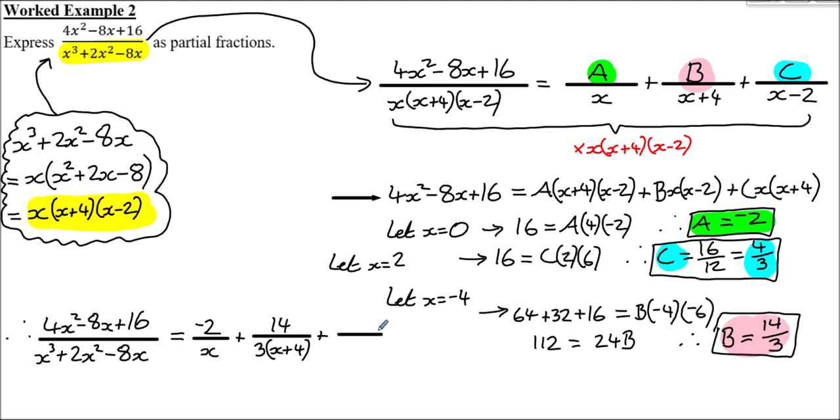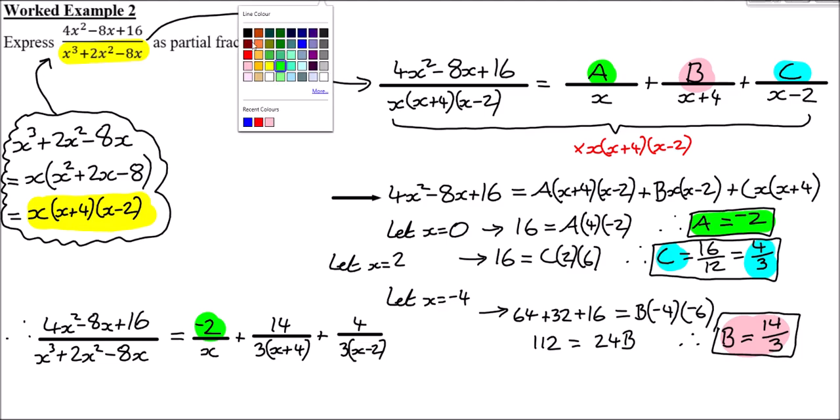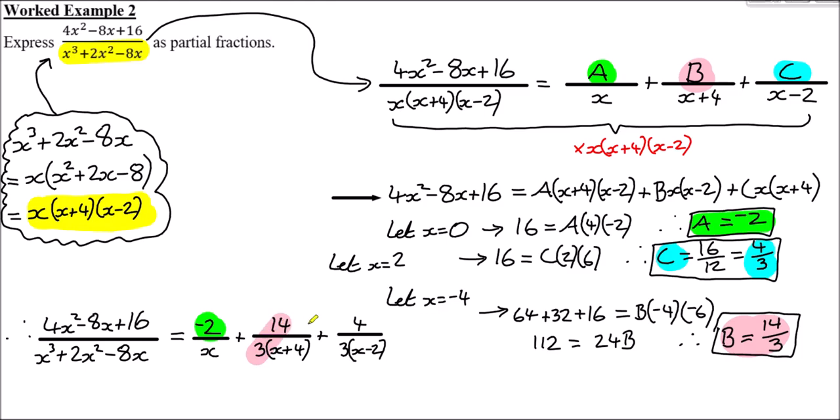So c, 4/3 x minus 2. So essentially I can just colour code for you what a, b and c are. A is minus 2. The b term was 14 over 3, which is that there, and the c term 4/3, which is that one. And that's our final answer.